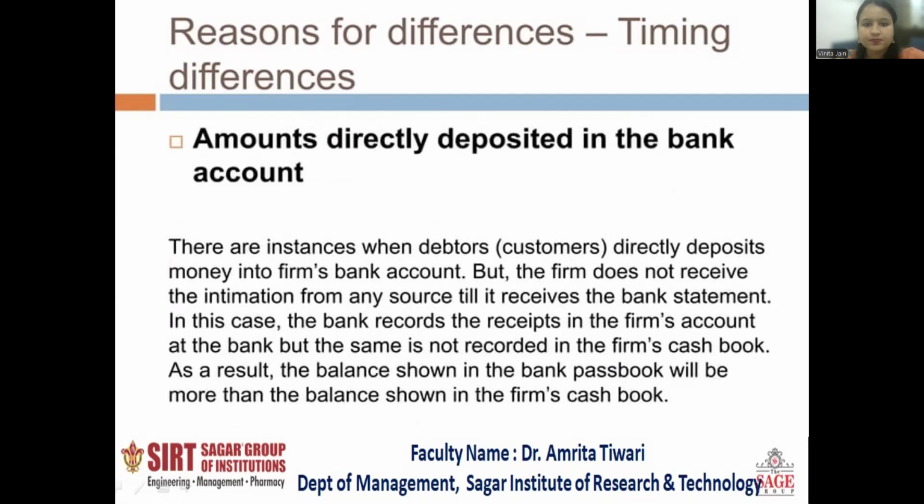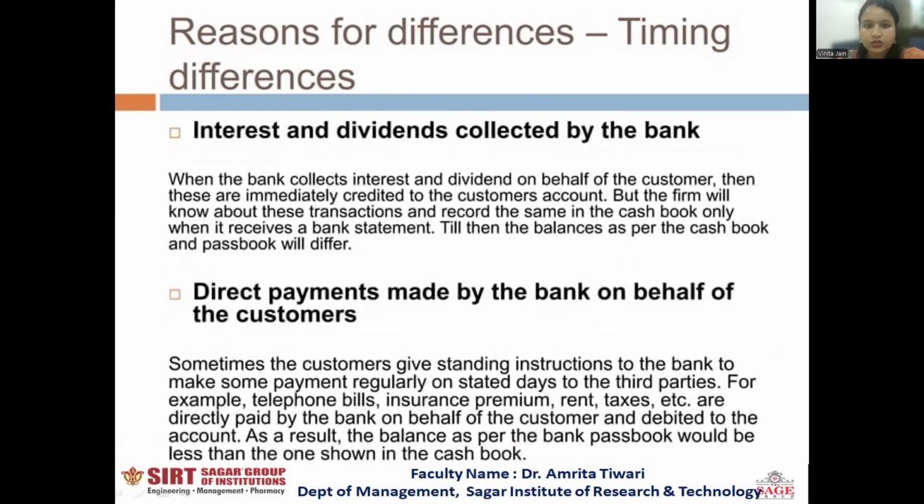Amount directly deposited in the bank account. This is the instance when debtors directly deposit money into the firm's bank account, but the firm does not receive the information from any source until it receives the bank statement. In case the bank records a receipt in the firm's account but it is not recorded in the firm's cash book, the balance shown in the bank passbook will be more than the balance shown in the cash book.